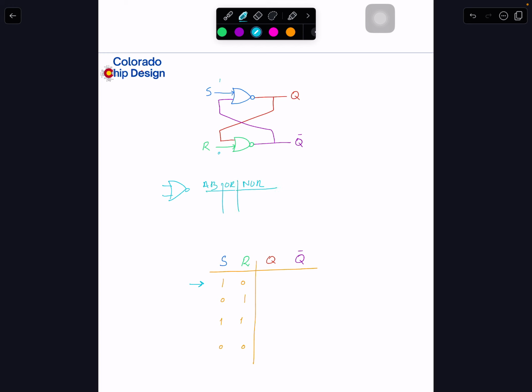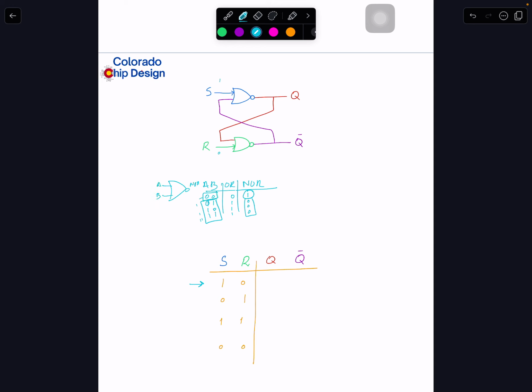So for A, B: 0,0 gives 1; 0,1 gives 0; 1,0 gives 0; 1,1 gives 0. And NOR is the opposite of OR. So the unique thing is when one of the inputs is 1, output is 0. And for output to be 1, both inputs have to be 0.